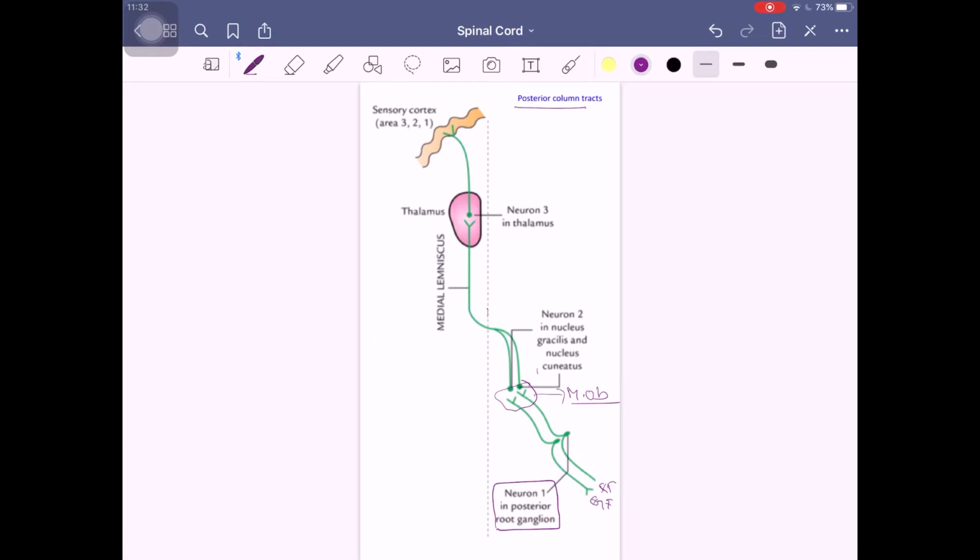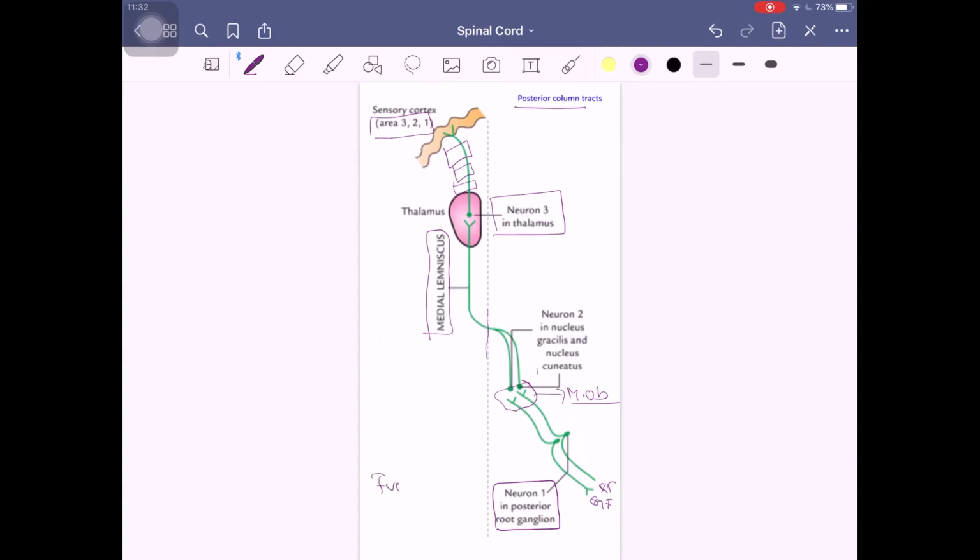We will see this as we go down. They cross here in the brainstem and go to the other side, and now you call this combined pathway the medial lemniscus. It again reaches the same nucleus of the thalamus, the VPL nucleus, via the thalamic radiation, internal capsule and corona radiata to the sensory cortex, areas 3, 2 and 1.